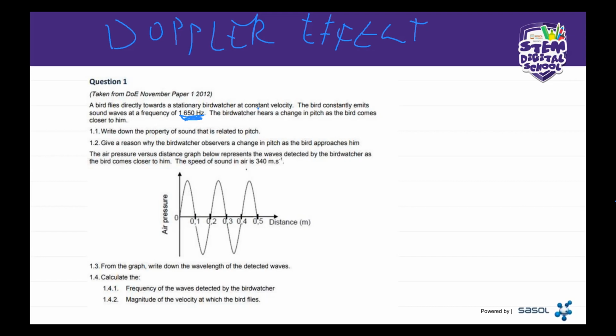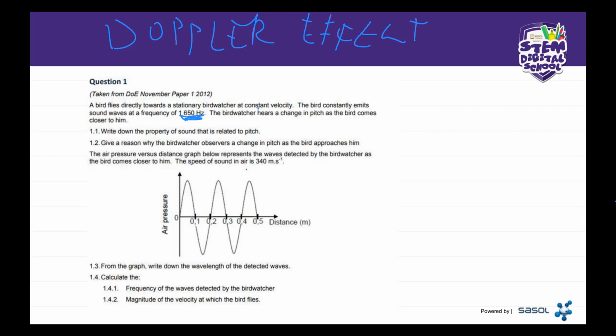Okay. So they say here, write down the property of sound that is related to pitch. What is related to pitch, guys? When we talk about pitch, what are we talking about? It's easy, basically.